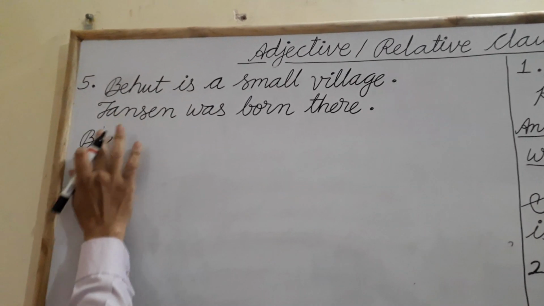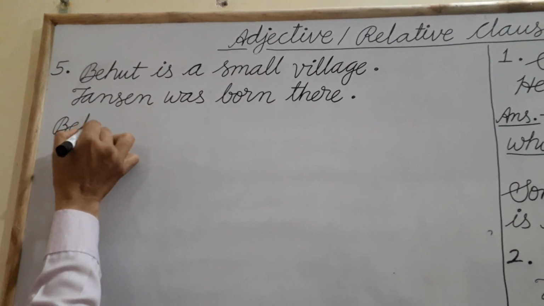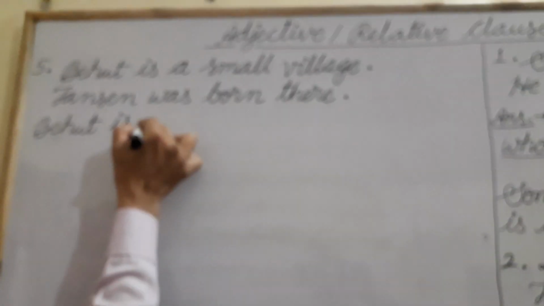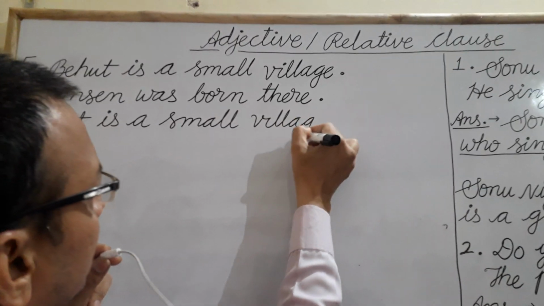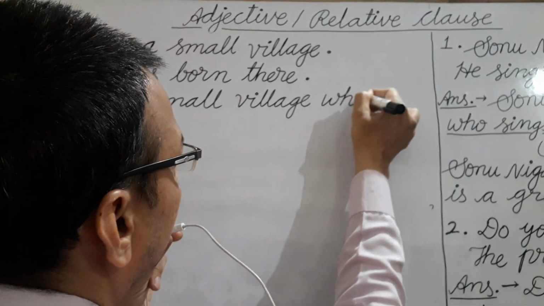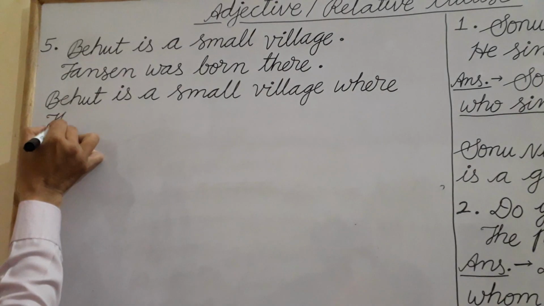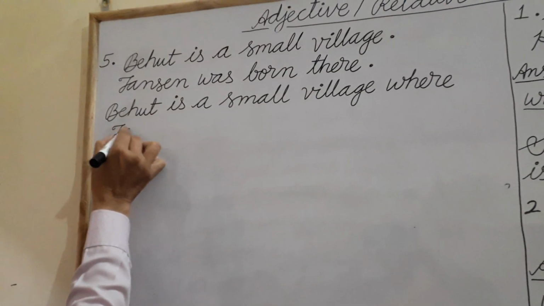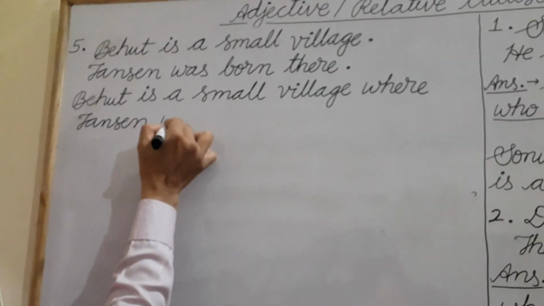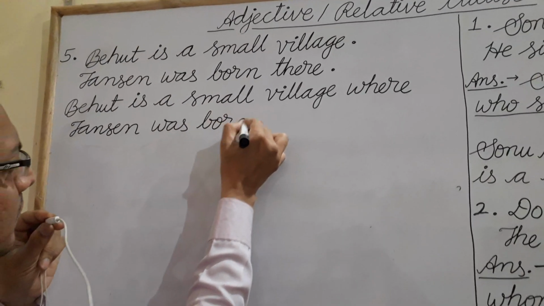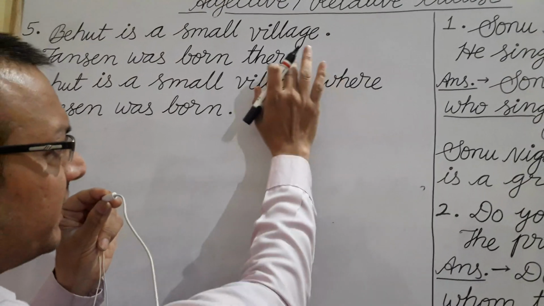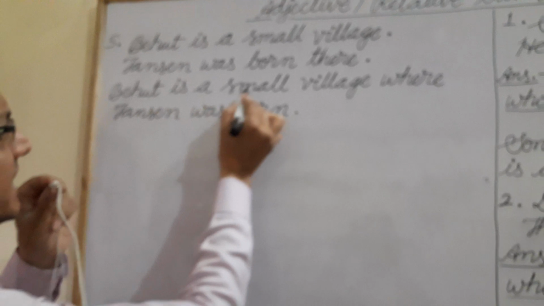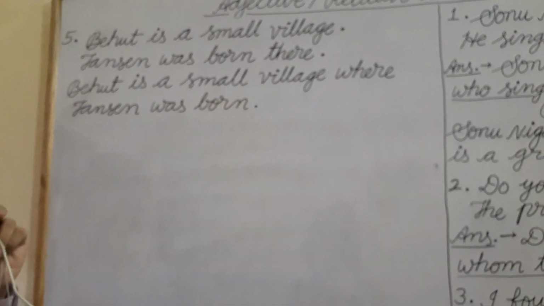So the answer will be Behat is a small village where Tansen was born, and we will remove there because we have used where in place of there. So the answer is Behat is a small village where Tansen was born.